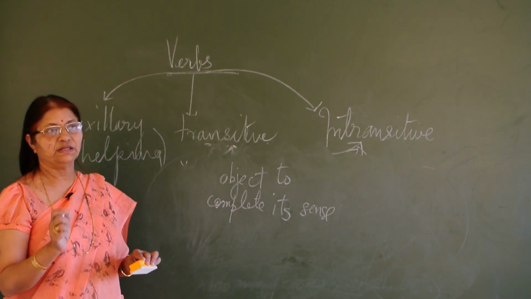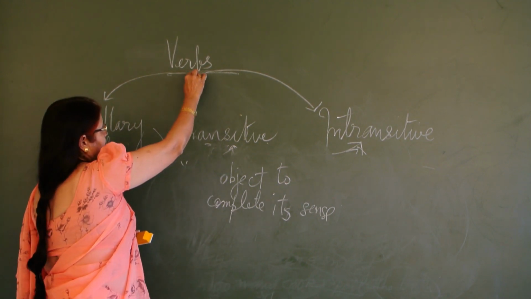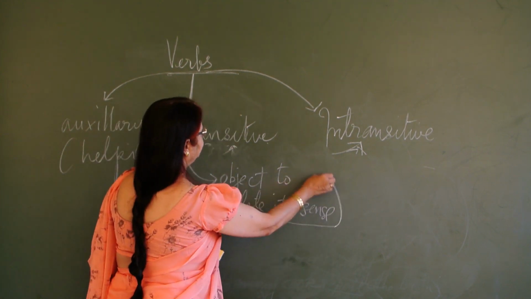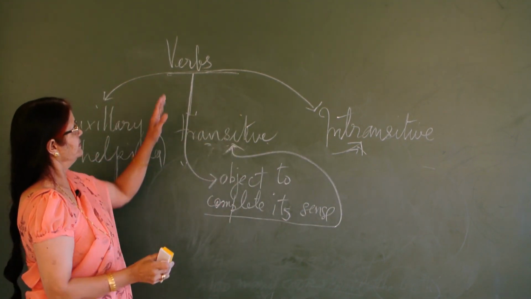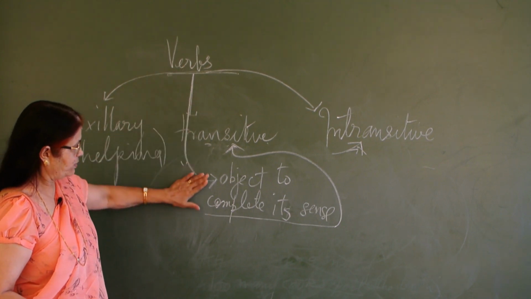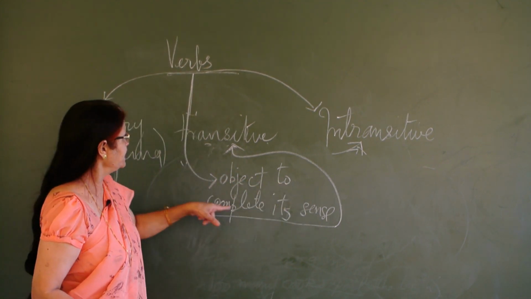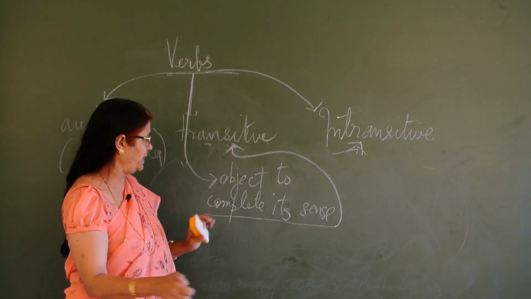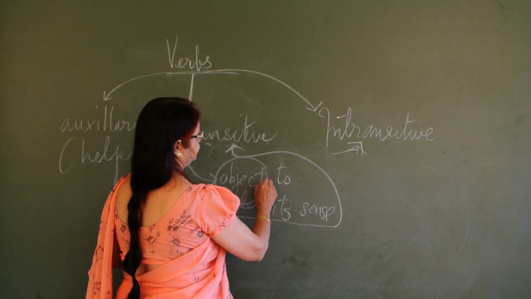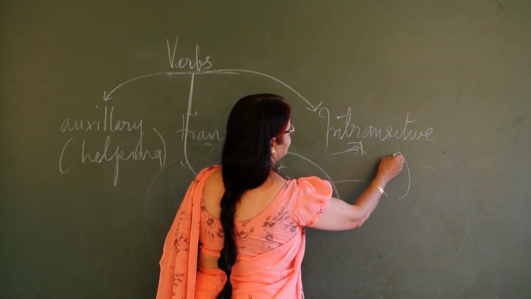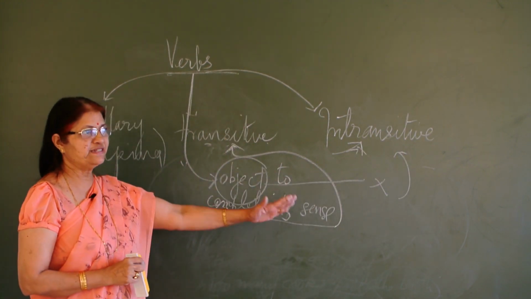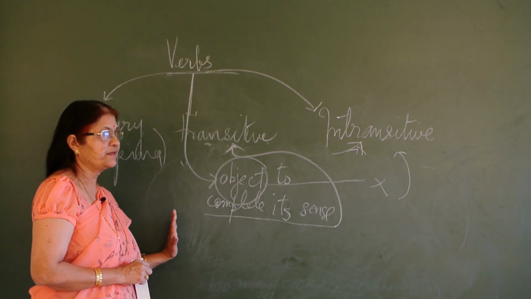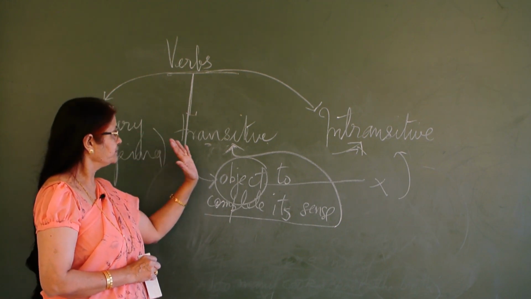The verb requires an object to complete its sense, and this belongs to transitive. Verbs that require an object to complete its sense are transitive verbs. The verbs which do not require an object to complete its sense are intransitive. Birds fly. Fly is intransitive. Rama made a box. Made here is transitive.